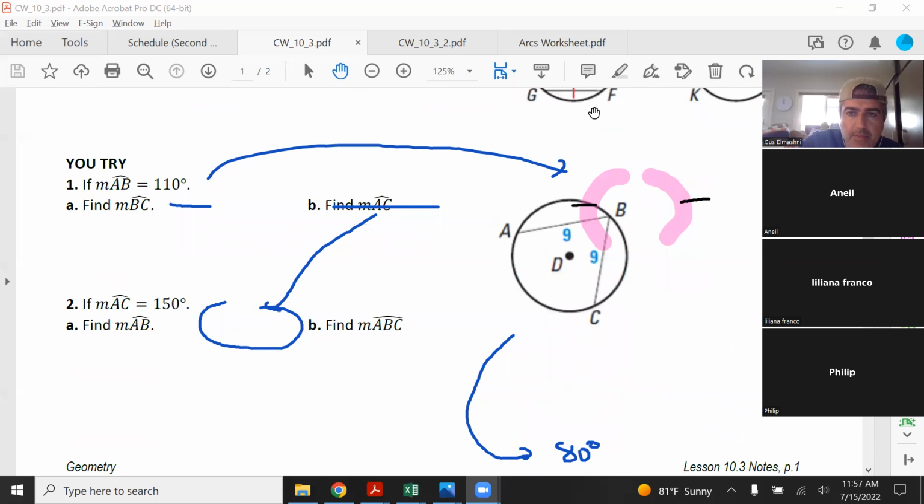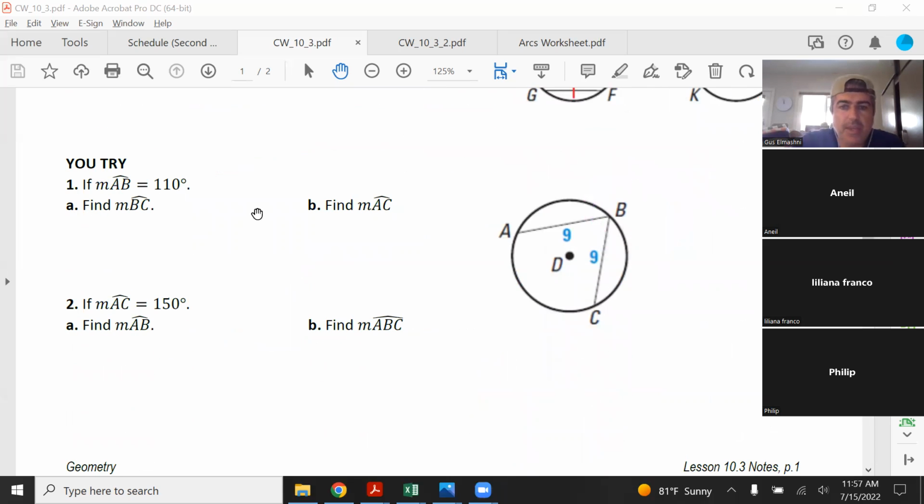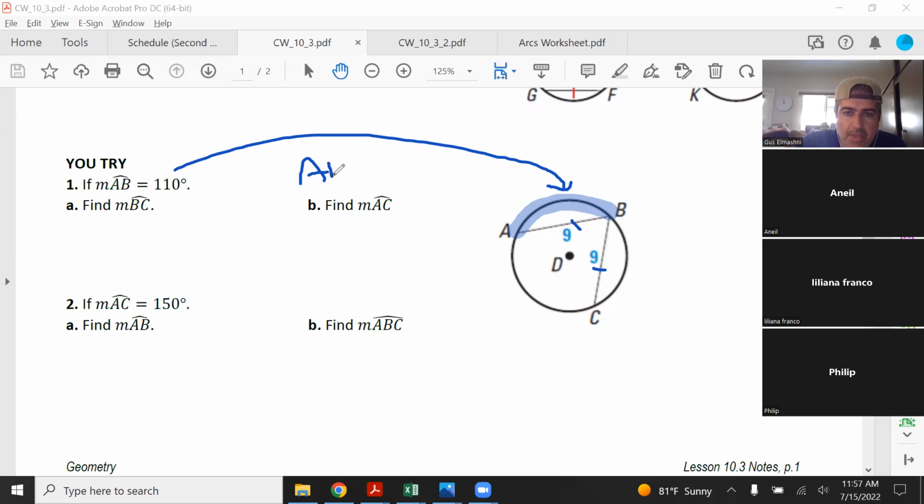So let's try some more here. Arc AB, remember the default is you go for the minor arc. So let me get a highlighter here. That is 110 degrees. And clearly AB and BC are the same because they both equal 9, right? So those are congruent arcs.